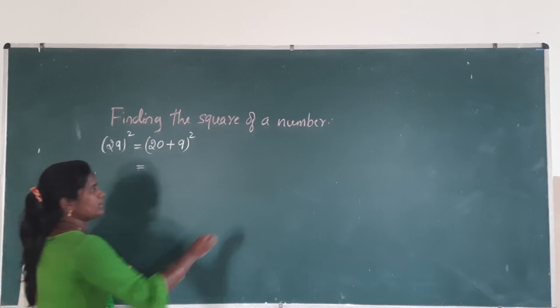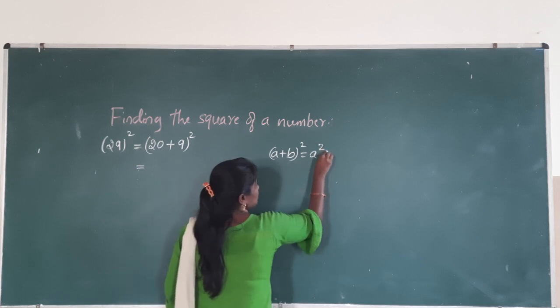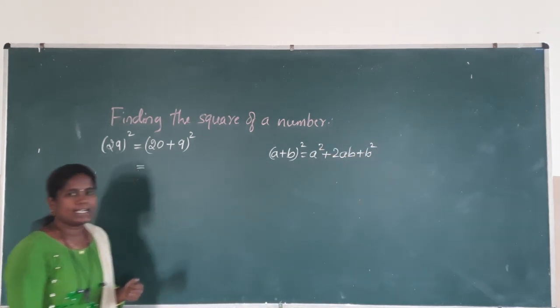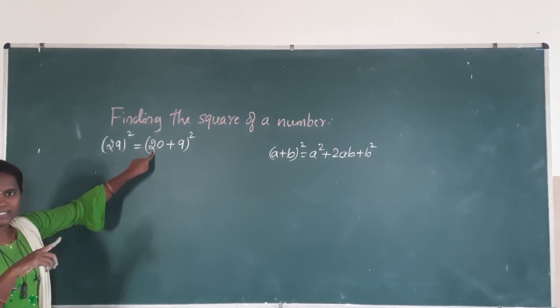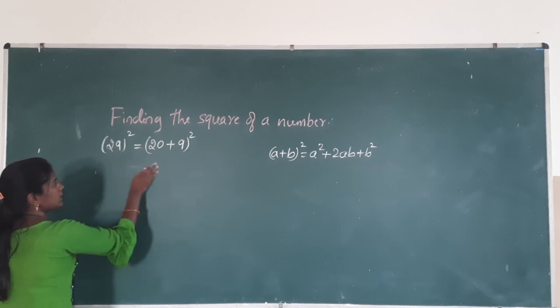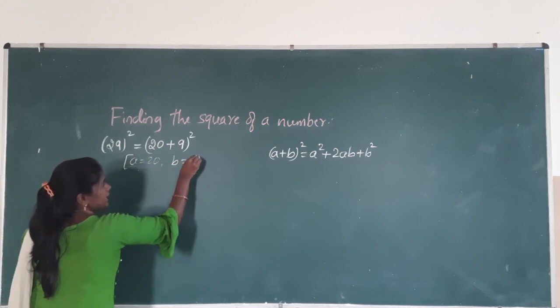A plus b whole square is a square plus 2ab plus b square. So in this identity we have to substitute a and b, where a is 20 and b is 9. Are you getting it? You can write it like this also. A is 20 and b is 9.